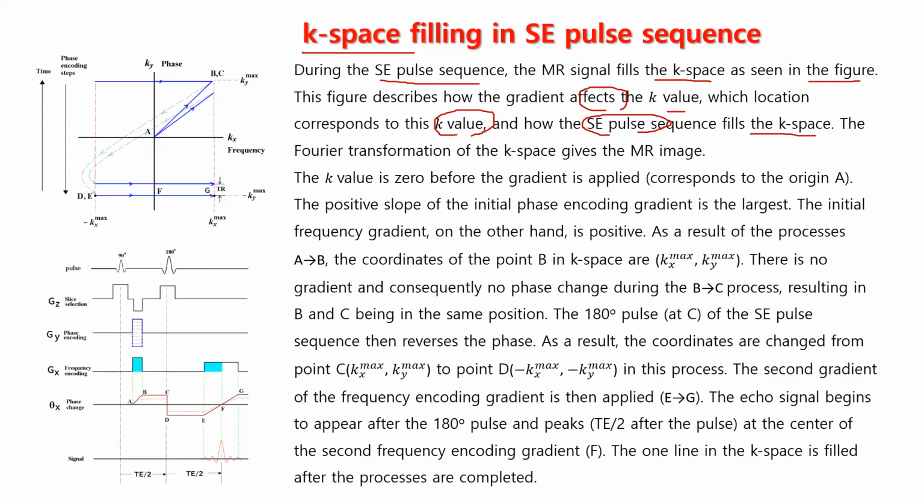The Fourier transform of the k-space gives the MR image. Once k-space is filled, then this k-space is Fourier transformed, and then we can get the MR image.